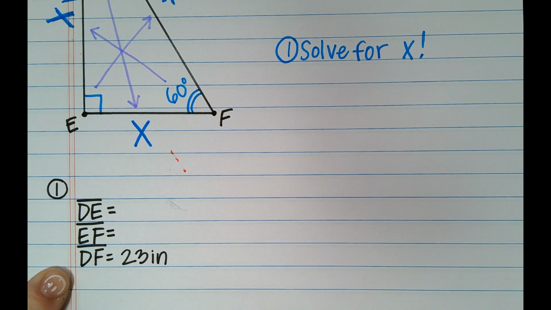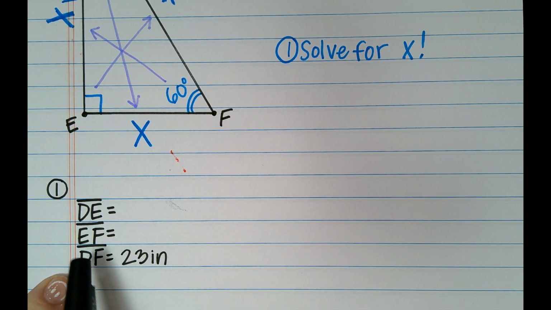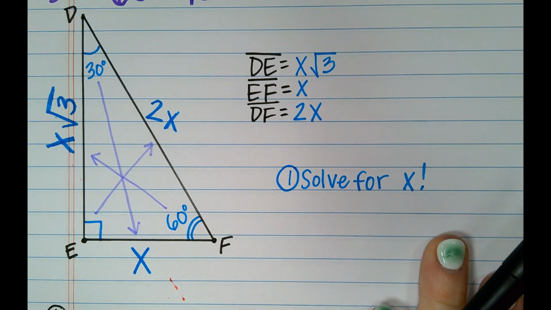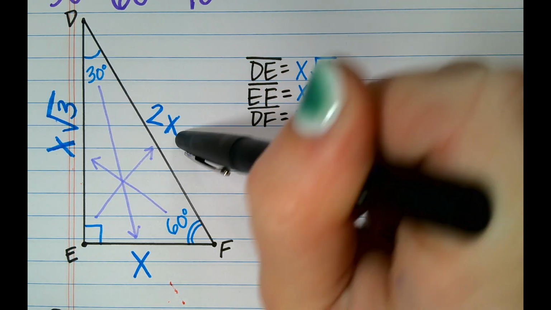What do we know? Erica, what do we know? We know that the line D to F is 23 inches. And that line is also 2x. Okay, so we know that from D to F, it's 23 inches. And we know that from D to F, it's 2x.